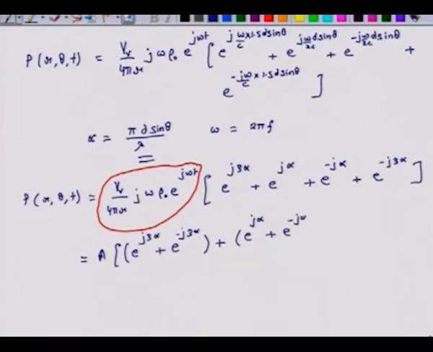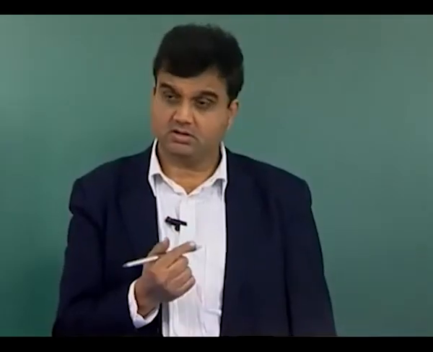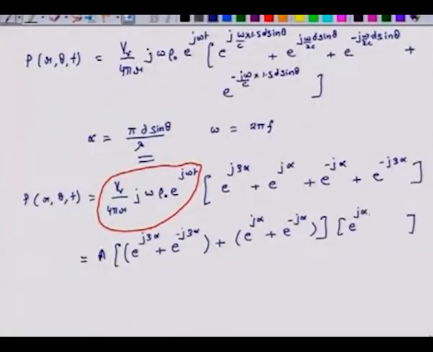Then I can multiply and divide this entire expression by a common term, which is the same as that which I used when deriving the expression for the case when we had 2 sources. So, I multiply and divide by e^(j alpha) minus e^(minus j alpha) over e^(j alpha) minus e^(minus j alpha).